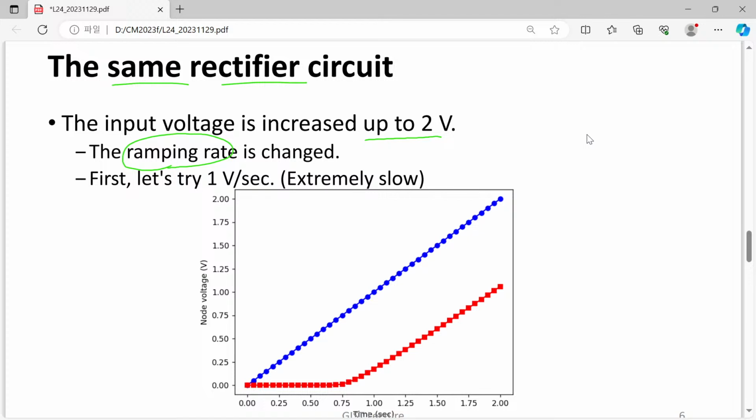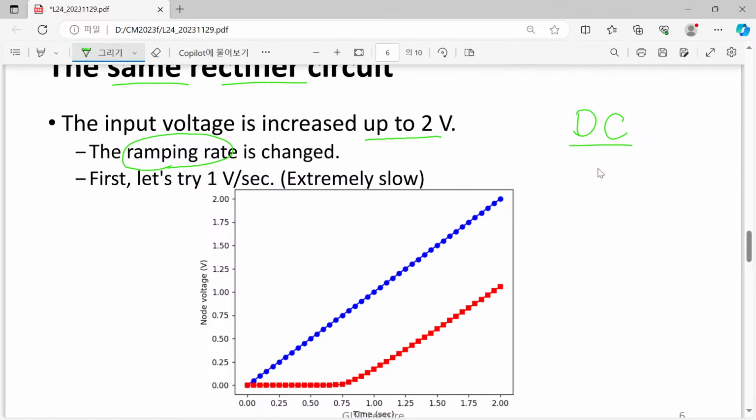Previously it was just a collection of DC simulations. However, although the voltage is changed from 0 volt to 2 volt, we can now think of the ramping rate. We can slowly increase the voltage, or we can rapidly increase the voltage.